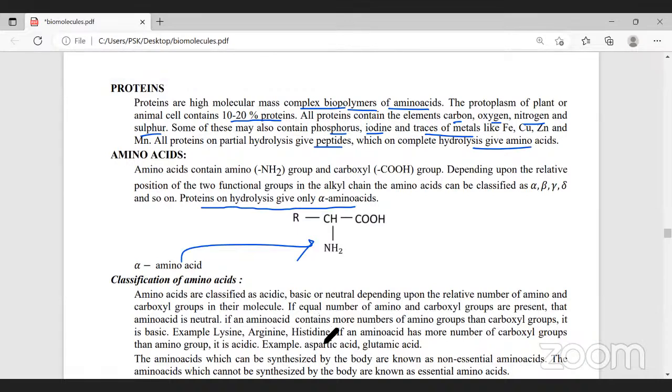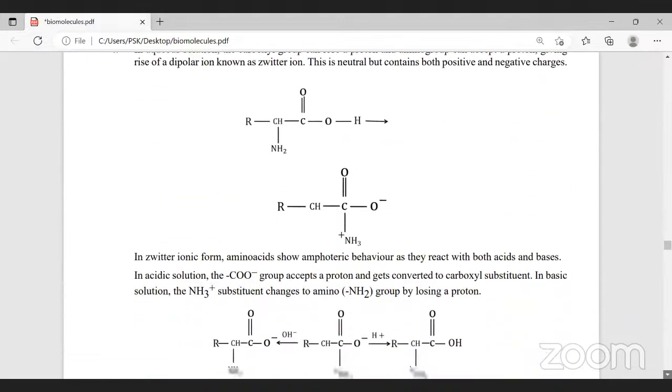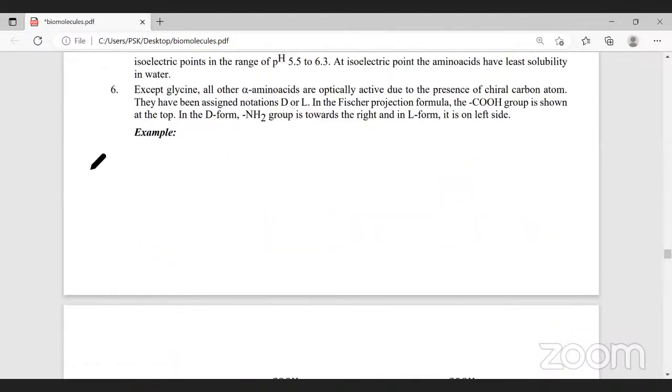Now, alpha amino acids are classified based on their properties. Classification of amino acids, alpha amino acids.